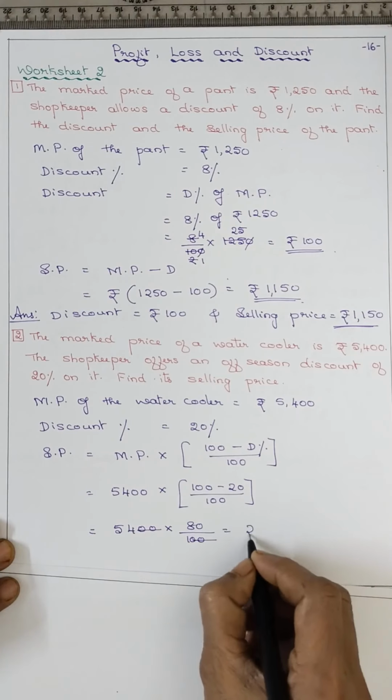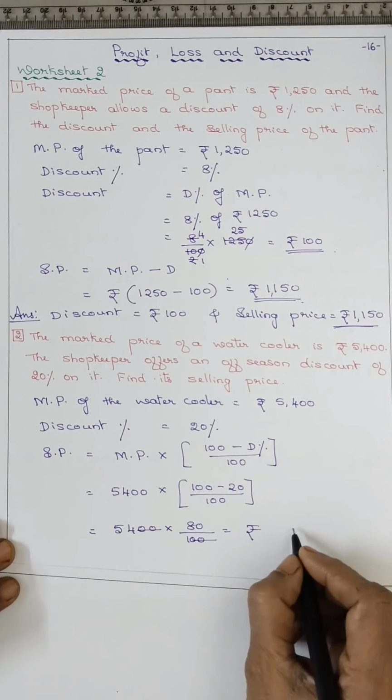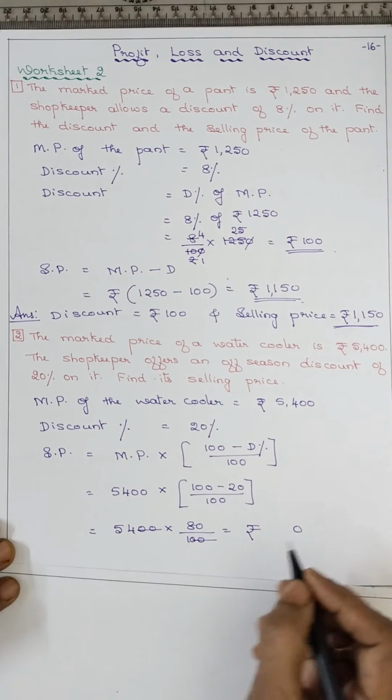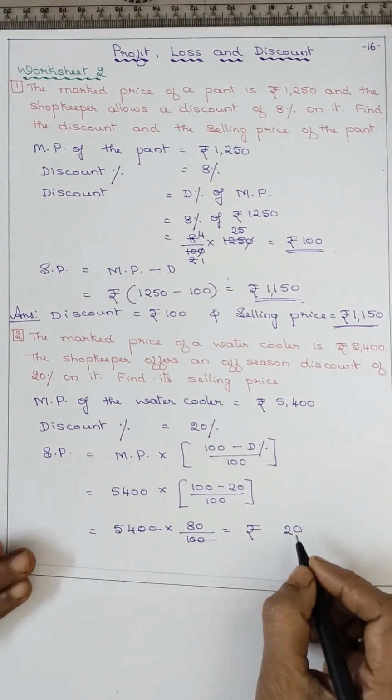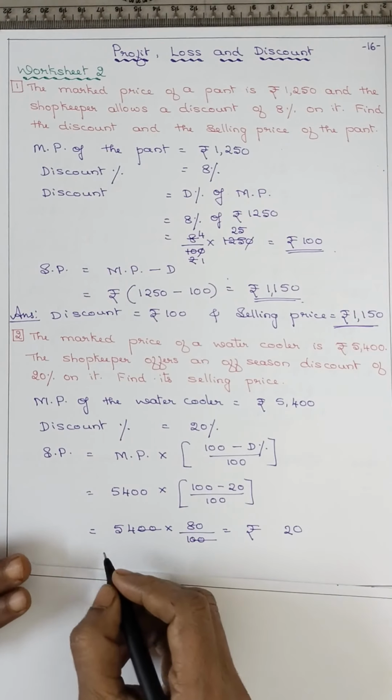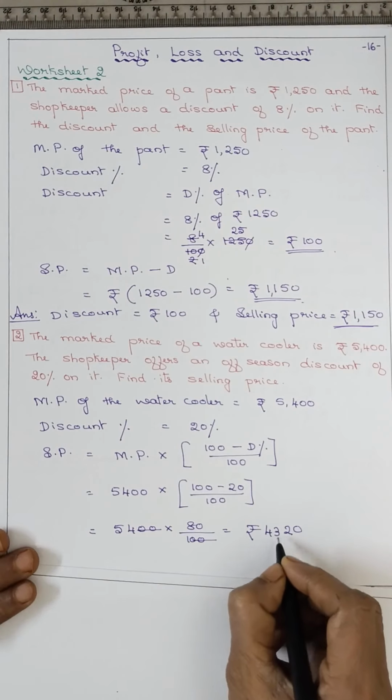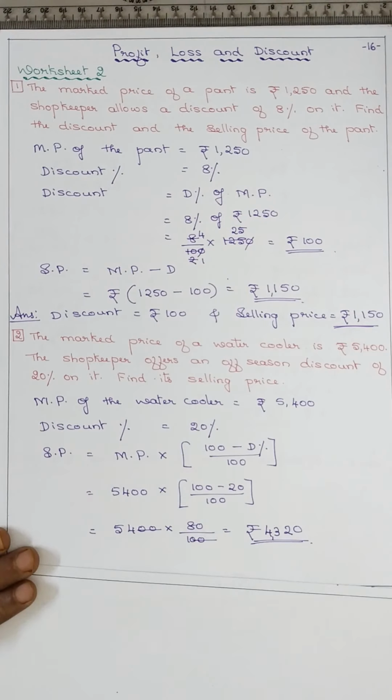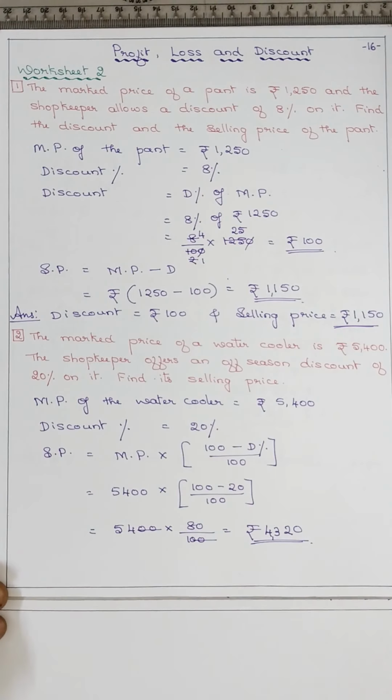20 cut. 0 1 0, 8 4s are 32, 8 5s are 40 plus 3 43. So here you directly get the answer.